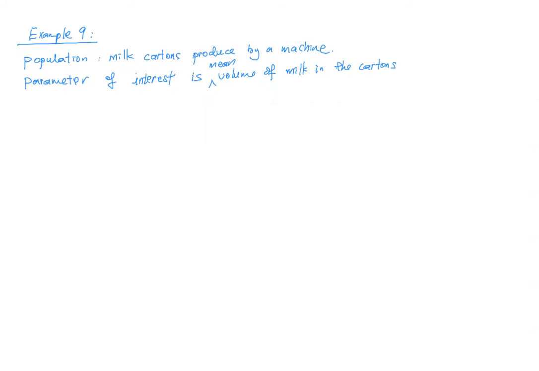So now, for this case, can I assume that the sampling distribution of the mean volume of milk in the cartons is normally distributed?